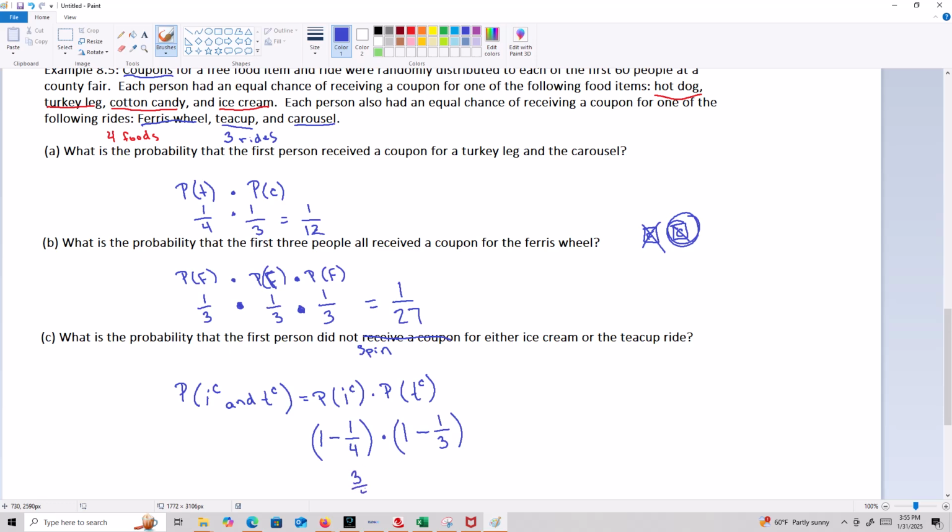This will leave us with 3/4 times 2/3, which equals 6/12, or 1/2, or 0.5, or 50%.